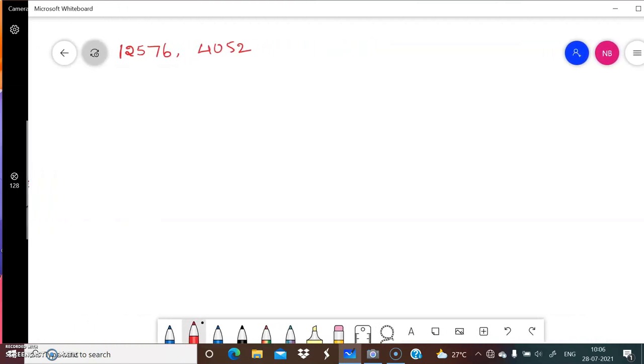So here we do this division method on the right hand side. First you take 12,576 and divide with 4,052. So it goes 3 times and here we will get 12,156.